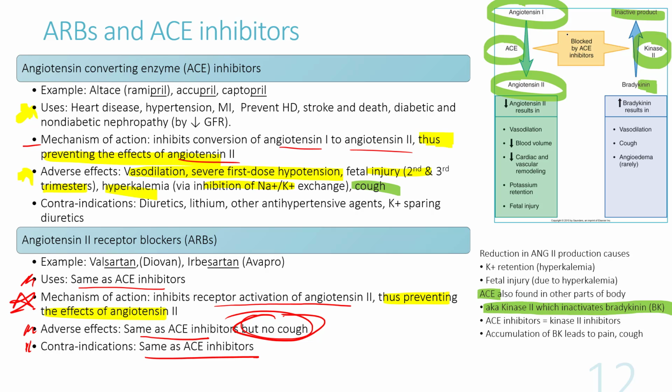So what happens when ACE inhibitors are given is that it inhibits the ACE enzyme and also inhibits by its very nature the kinase 2 enzyme. And so if the kinase 2 enzyme or the ACE enzyme is inhibited, then you increase the amount of bradykinin. And you can see here, when you increase the amount of bradykinin, then it causes vasodilation, same as inhibition of angiotensin 2, but it also causes cough.